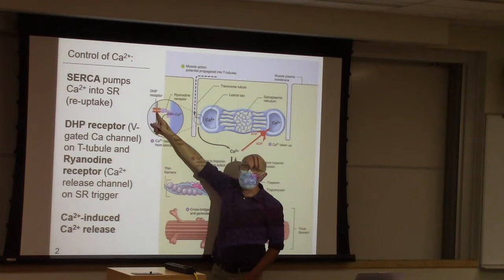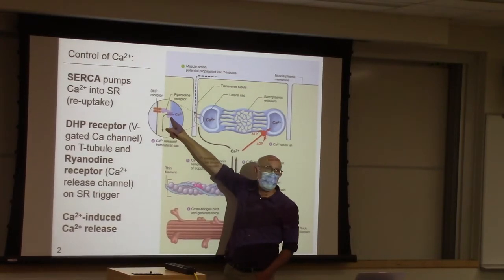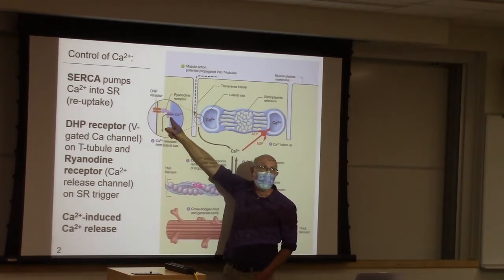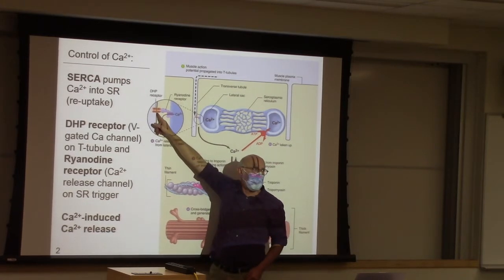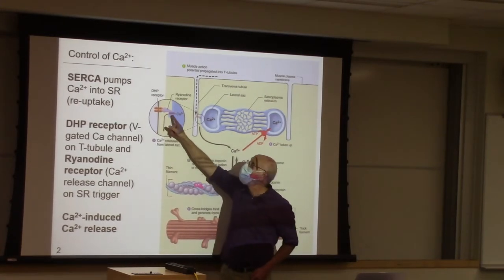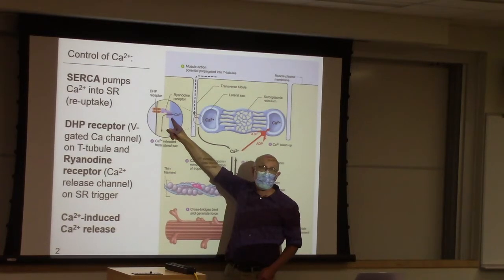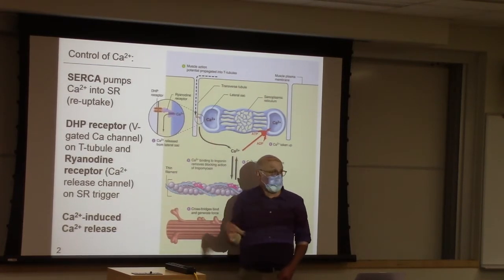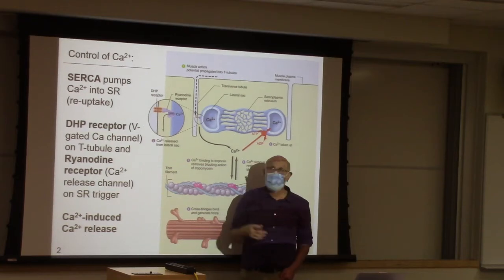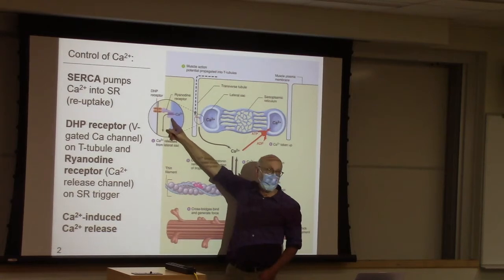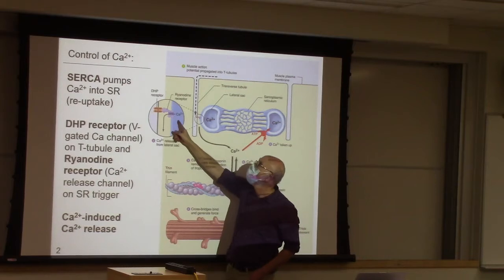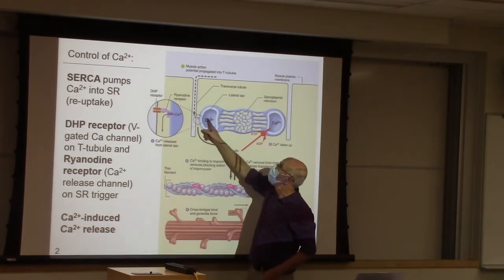And the voltage sensor and this protein in the SR membrane are, in skeletal muscle, physically in contact with each other. So a conformational change of this sensor communicates to this protein, which undergoes another conformational change, and it opens a calcium channel. So I call this the calcium release channel, because it is the channel from which calcium is released from the SR.